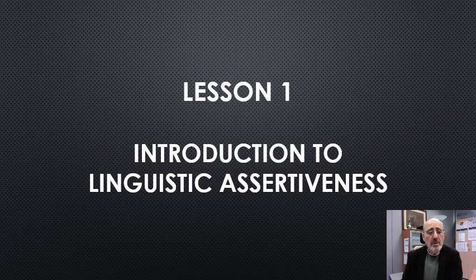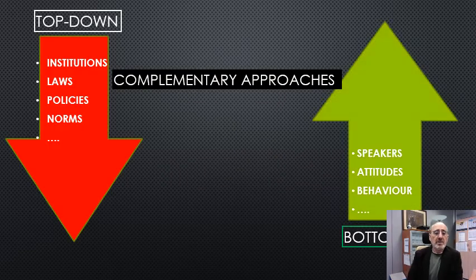Hello, we'll start by talking about language assertiveness, or linguistic assertiveness, and saying that there are two different approaches to promote a language, generally to renormalize a language which has previously been abnormalized.